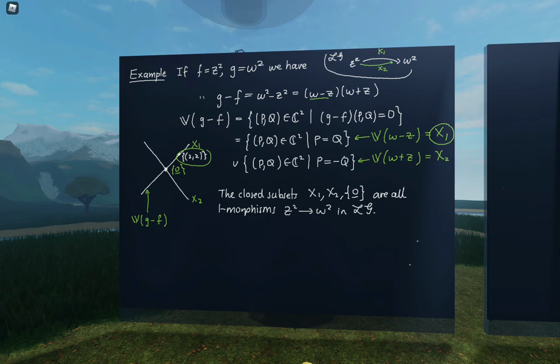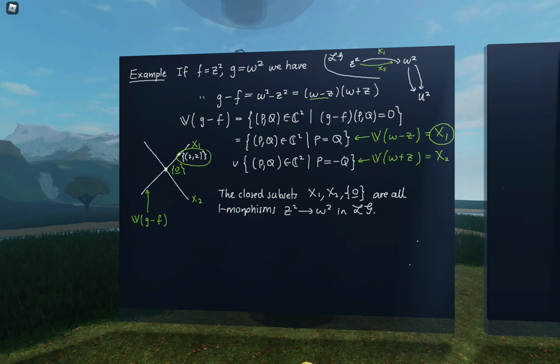To even convince you this is of interest, I have to start talking about how you might compose these things, right? What would it mean, for example, to compose x1 and the sort of version of x1 that, maybe I'll draw it up here. Suppose I had u squared.